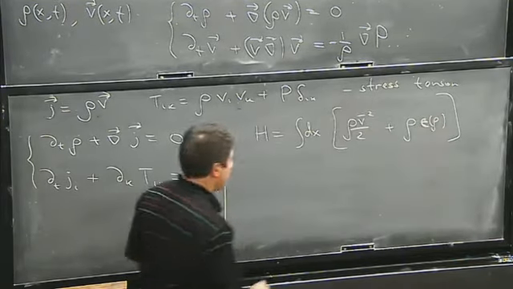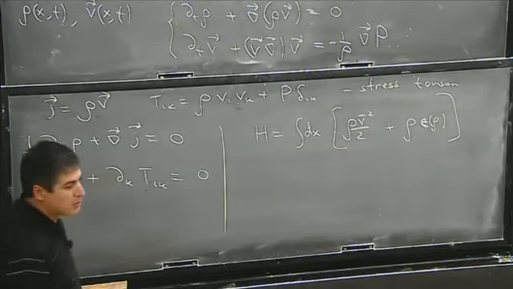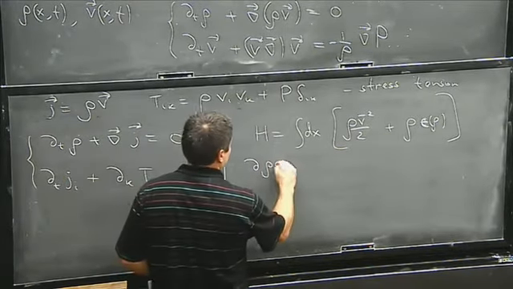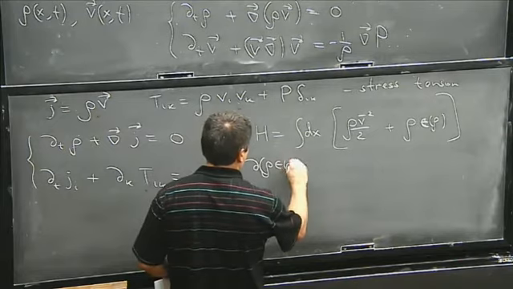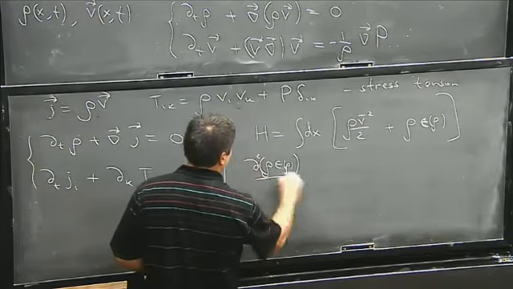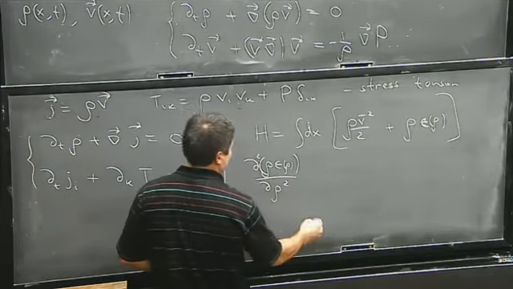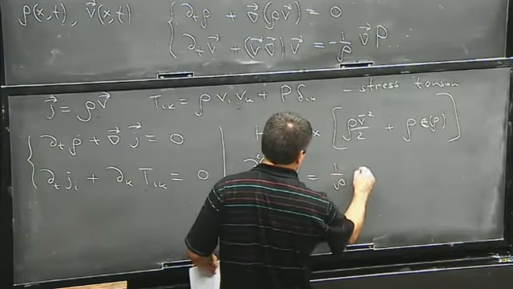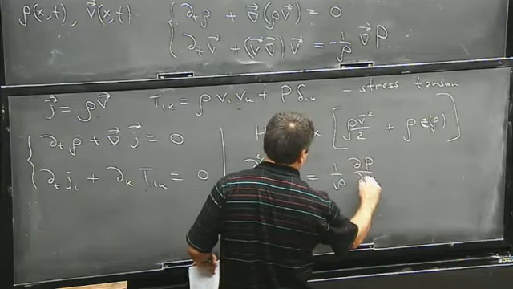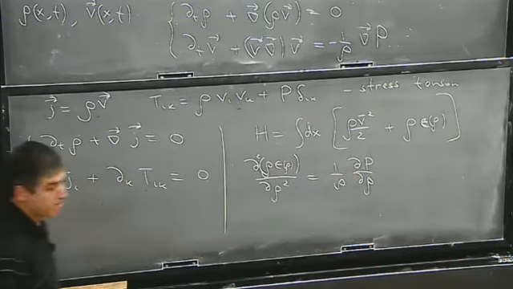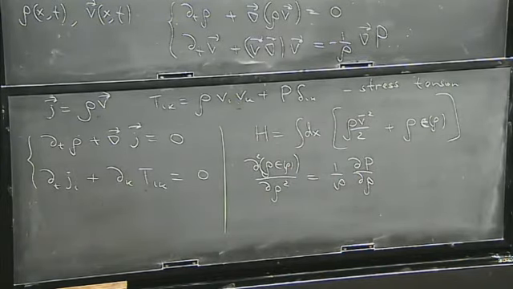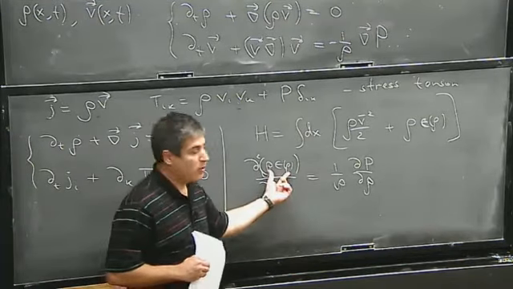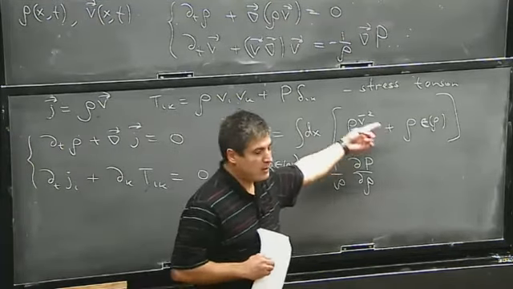Epsilon of rho is just a function of rho, such that if we differentiate rho epsilon with respect to rho twice, we get 1 over rho times the derivative of the pressure with respect to density. So if I have pressure as a given function of density, I can find out what epsilon of rho is, and I can write this Hamiltonian.